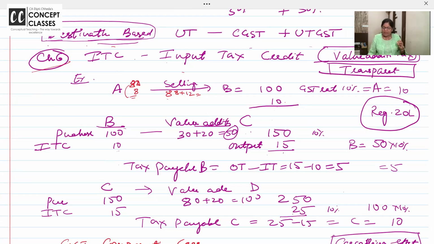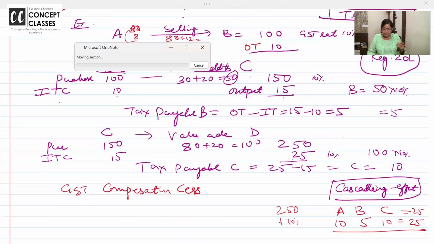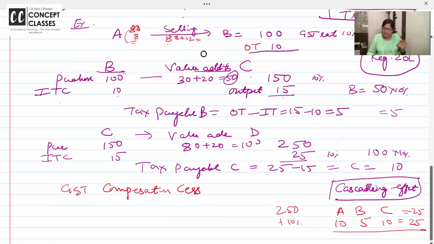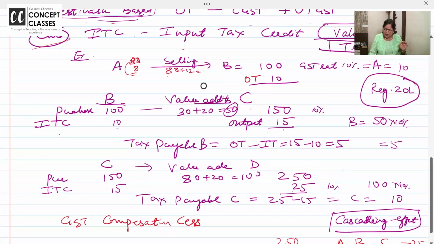So A will pay 10 rupees to the government. This 10 rupees is called what? Output tax. For B, the 10 rupees will become input tax, but B's purchases are not 110. Though we got it for 110, B will record purchases as 100. And if B is a registered supplier, the 10 rupees he will keep separate. Okay. This is how the GST works.